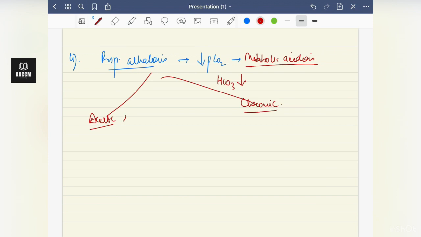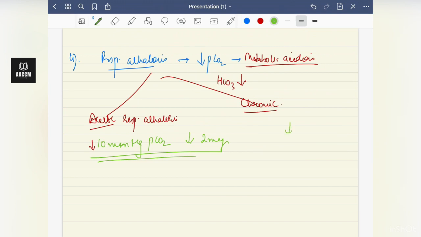So for acute respiratory alkalosis, for every 10 millimeters of mercury decrease in the PCO2 levels, the bicarbonate should fall by 2 milliequivalents in an acute event, and in a chronic event it should fall by 5 milliequivalents.